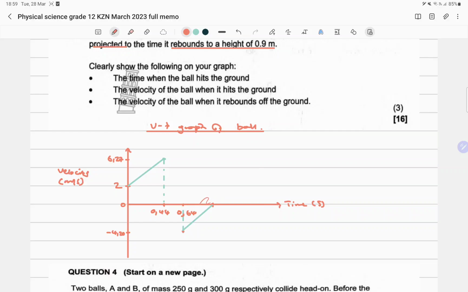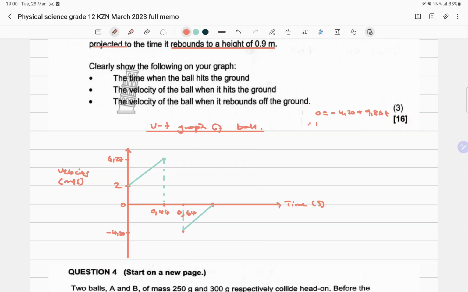Whatever value we get here, we will add to 0.64 to get the final answer. Let me just do it to be complete. So the final velocity is 0, and this one is minus 4,20 plus 9,8 delta t.